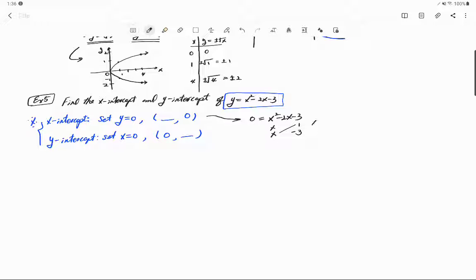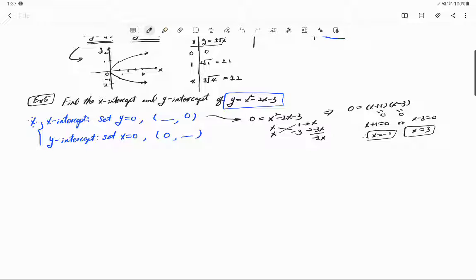This will be x and this will be minus 3x, and the sum is negative 2x. So 0 equals x plus 1 times x minus 3. Since the product is 0, we can set each factor equal to 0. So x equals negative 1, or x minus 3 equals 0, then x equals 3. These two are the x-intercepts.